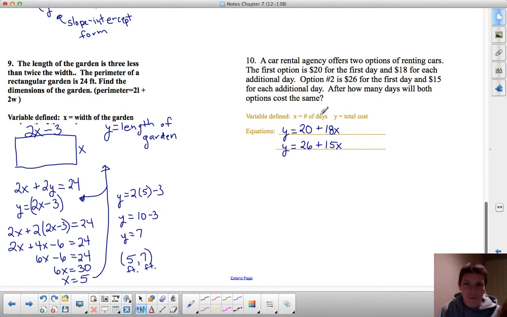I have x equals number of days, and I think I wanted to say actually x equals number of extra days past the first day, because that 20 and that 26 takes care of day 1. So how many additional days past the first one is what that x value really represents.